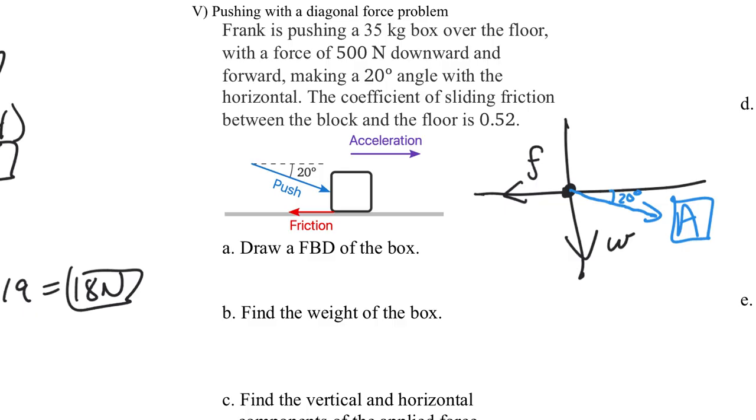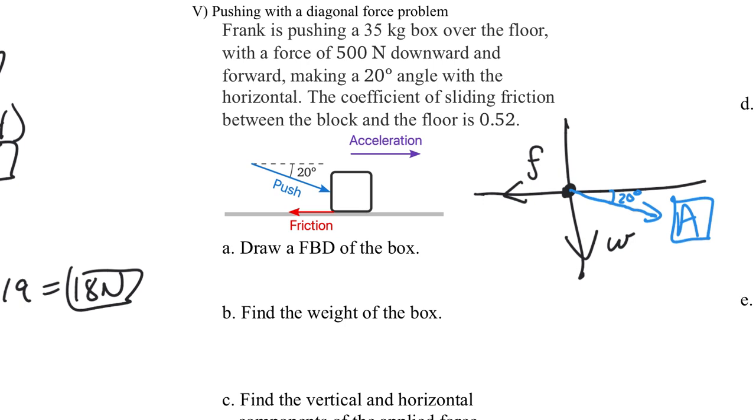Now, if someone's pushing you downward and you're on a scale, what's the scale going to read? The scale reads your normal force. If someone's pushing you downwards at an angle or directly downwards, the scale's going to read more than your weight.